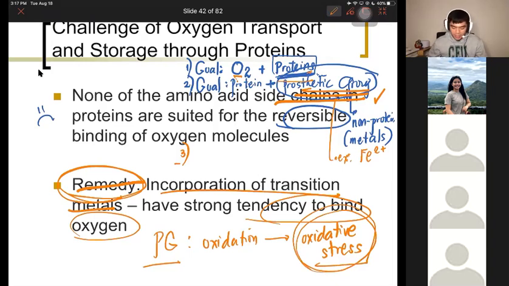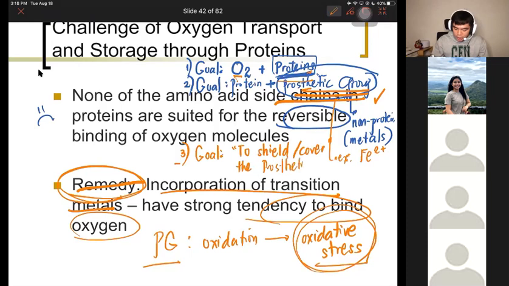Okay, problema. So to be able to address that problem, kailangan ang gawin natin is to shield or to cover the prosthetic group.